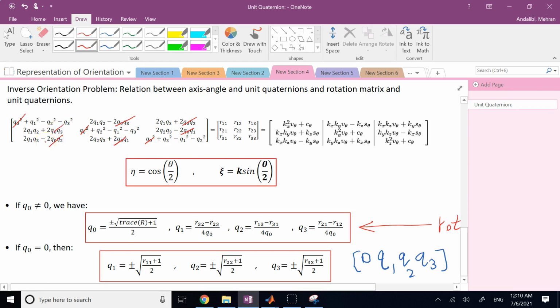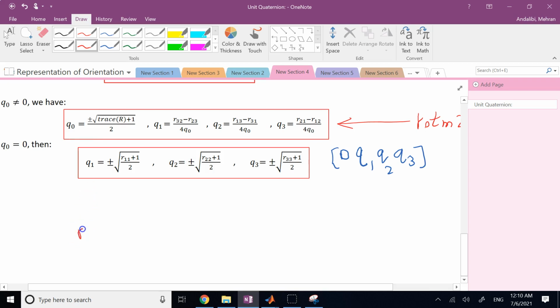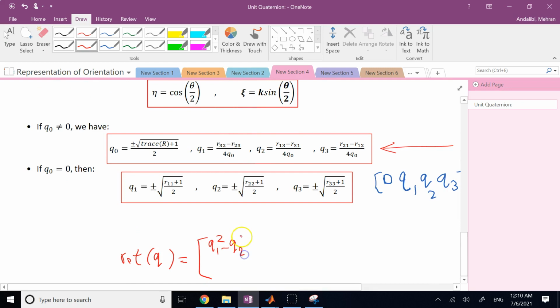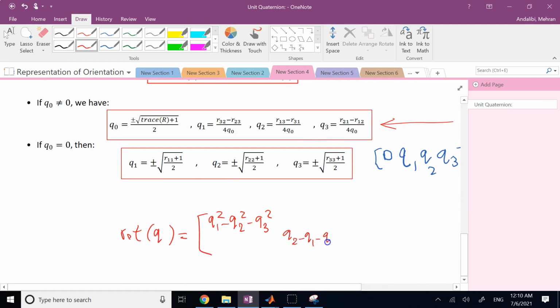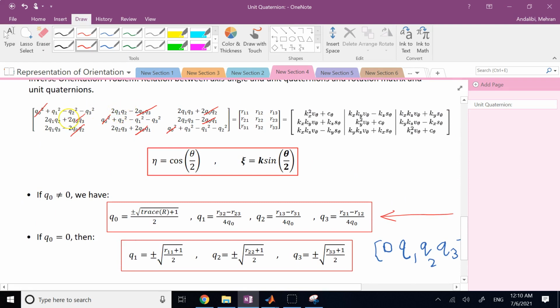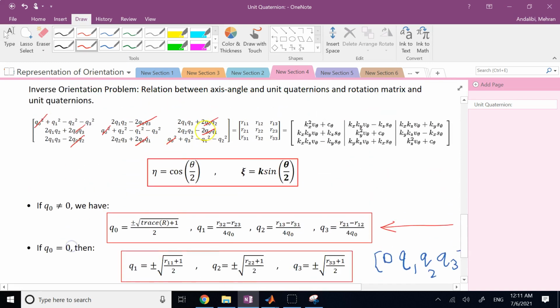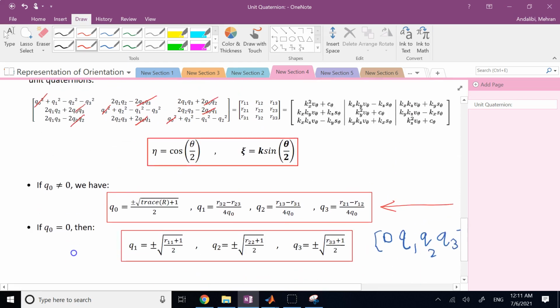So when that is the case, my rotation matrix will turn out to be: Q1 squared minus Q2 squared minus Q3 squared, and then Q2 squared minus Q1 squared minus Q3 squared, and Q3 squared minus Q1 squared minus Q2 squared, I assume. Off the diagonal you will have 2Q1Q2, 2Q1Q3, and 2Q2Q3.